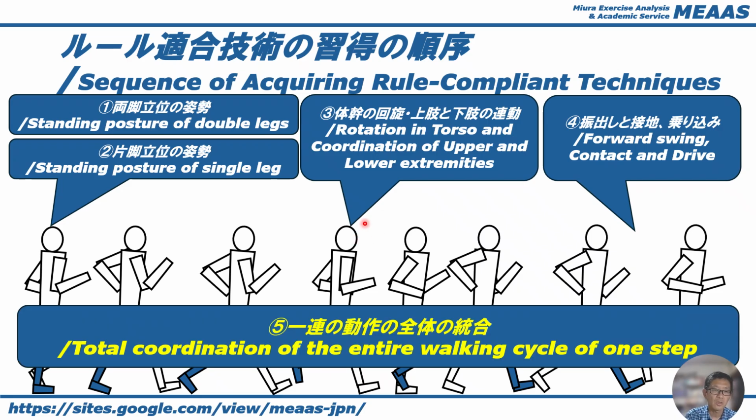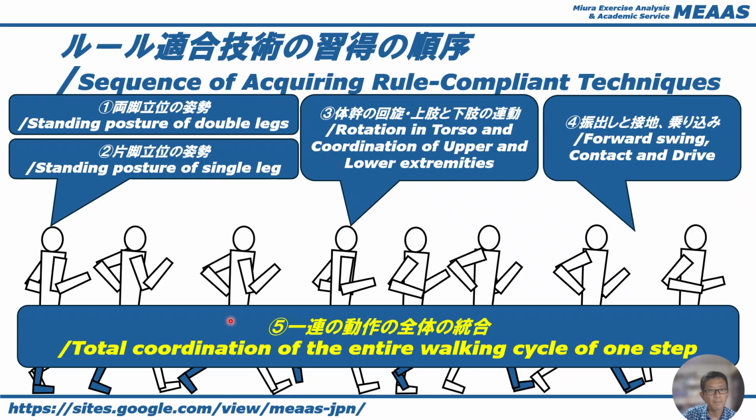In both sessions, 30 minutes and 60 minutes, at the final phase I conducted the exercise for the total coordination of the entire walking cycle of one step. So in the next movie, I talk about that, number 5, total coordination of the entire walking cycle of one step. That is not difficult, not complicated.